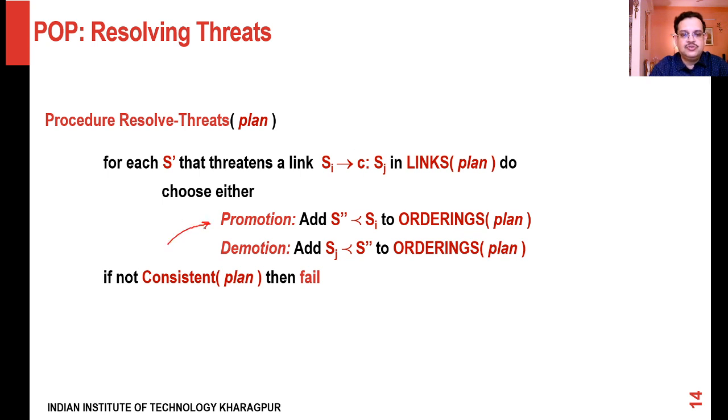Actually what I will do is I will try out promotion, and then if the consistent plan is not obtained, that is if I return a failure, then I can go back and try the demotion. But if I try all possible promotions and demotions in all the existing edges and still there is no consistent plan, then I know that I need to go back and change some of the steps itself, because if I put that combination of steps, I will not get a plan, right? So that's what the resolve threats procedure helps us in evaluating.